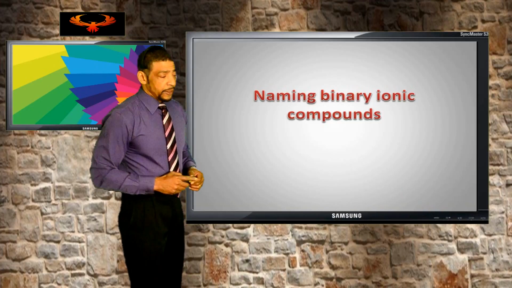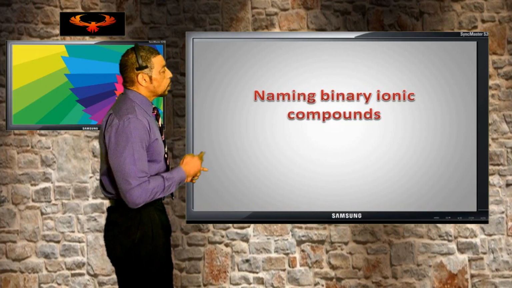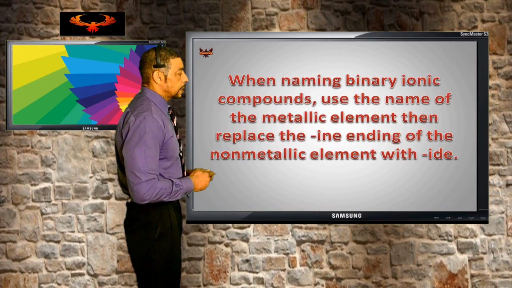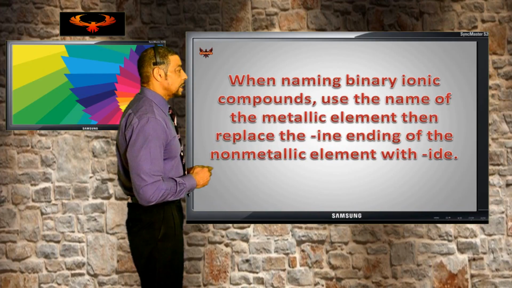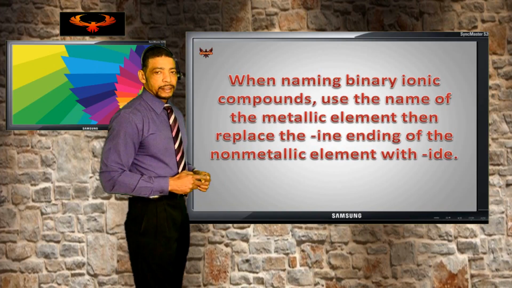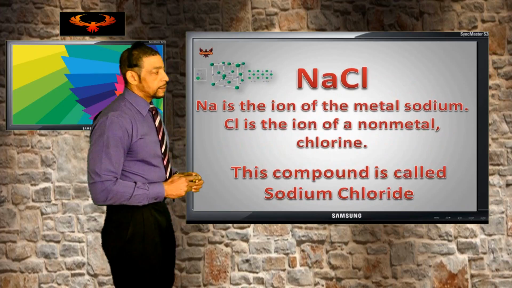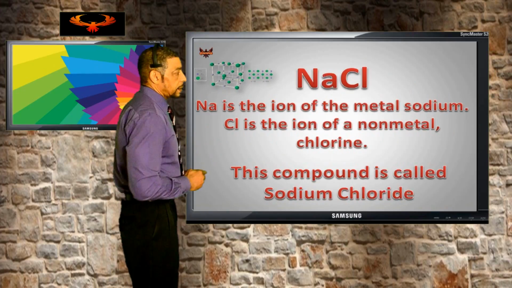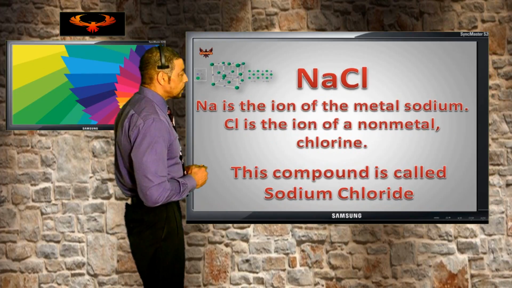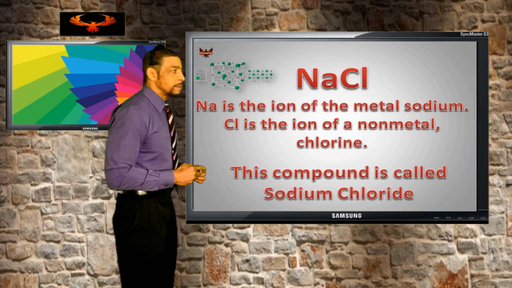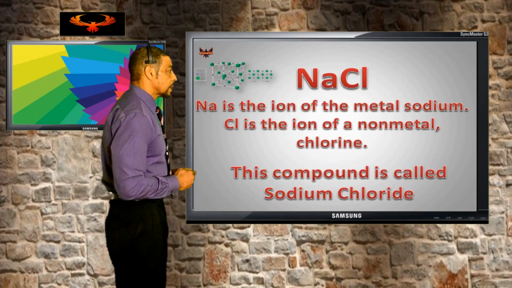Now for naming binary ionic compounds. When naming binary ionic compounds, use the name of the metallic element, then replace the -ine ending of the nonmetallic element with -ide. For example, NaCl. Na is the ion of the metal sodium, and Cl is the ion of the non-metal chlorine.